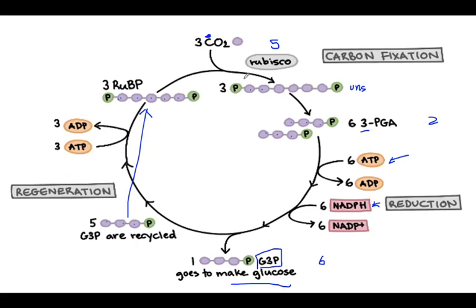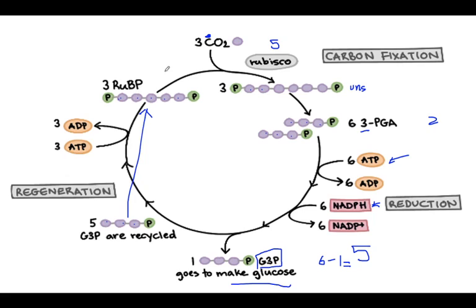So over here we were expecting that the 5 carbon merge with the 1 carbon dioxide carbon, and we form a 6 carbon unstable compound which bifurcates into 3 carbon atoms, which is called PGA. Under the influence of light reaction ATP and NADPH, this forms a stable compound which is G3P, and one G3P goes over here for glucose, while all the remaining five components go back to the cycle of ribulose bisphosphate.